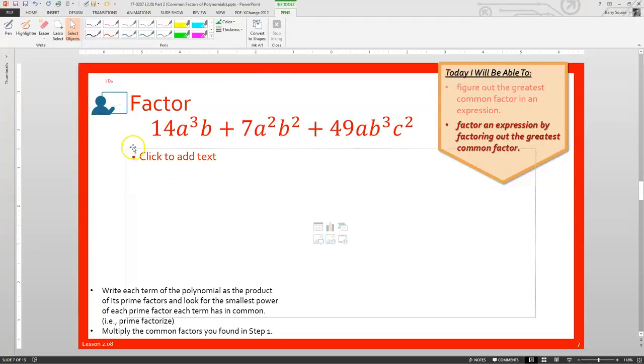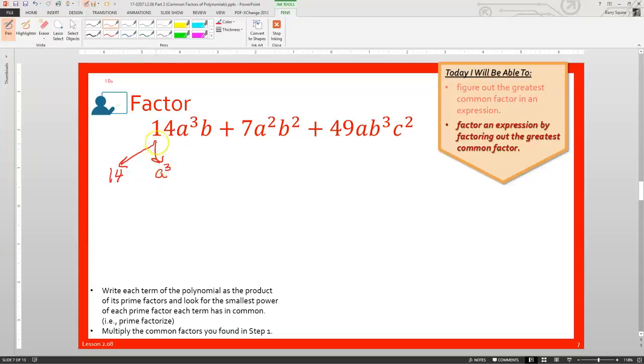So this was one that we did in class, and I think we did it pretty quickly, or we had a student do it. We took these terms and prime factorized so we could find that greatest common factor. So we broke this up into 14 times a cubed times b.